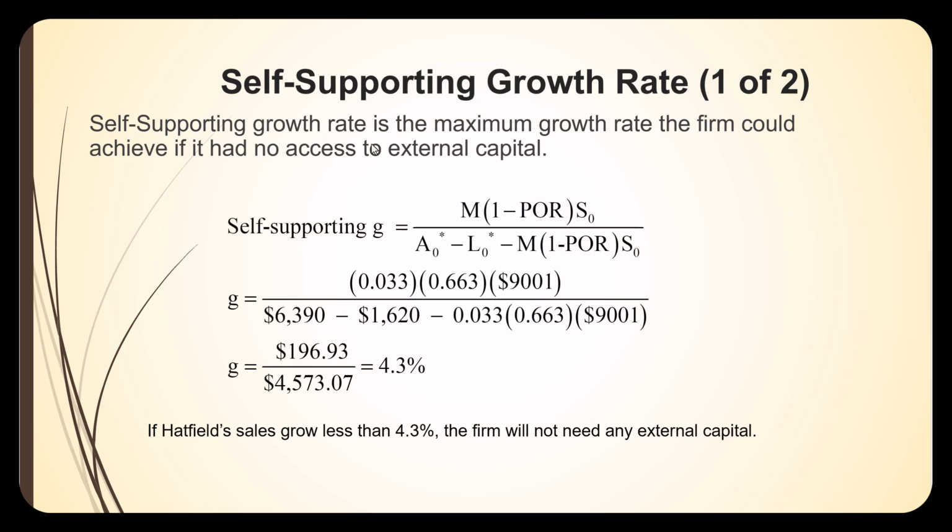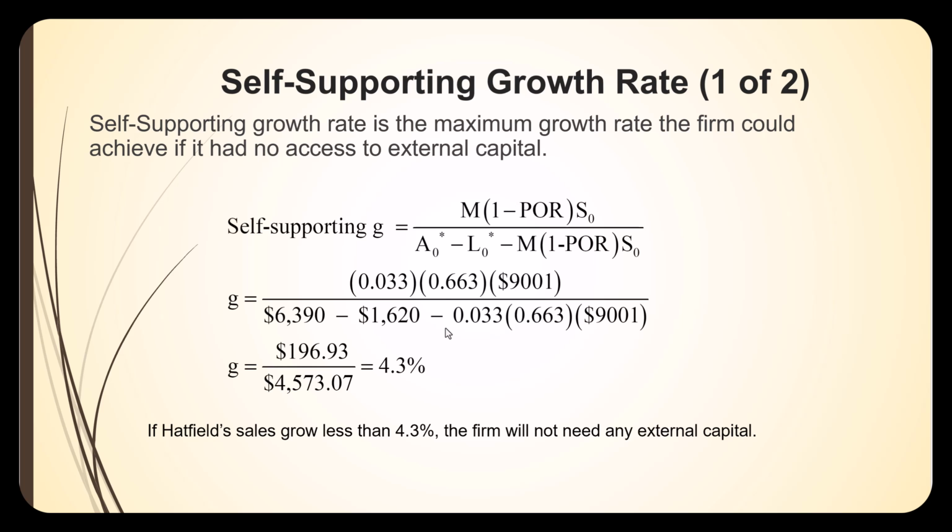Essentially, what this tells us is how quickly the sales of the company can grow and the company be able to finance that entirely with profits. That is, when will our growth exceed our ability to pay from profits and then need external financing?